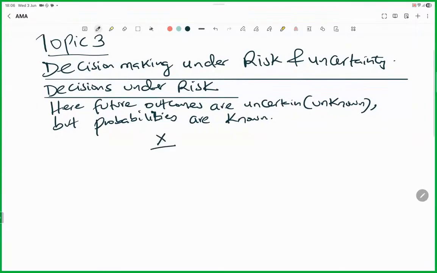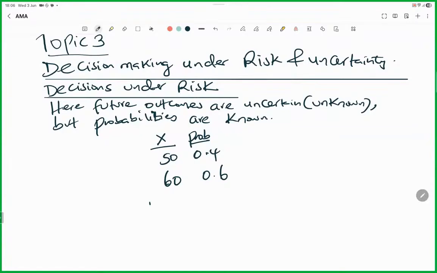We are given here X, for example, and that this could either be 50 or 60, and then you are given probabilities like that. Whenever you see these outcomes of X and you see probabilities, what are you supposed to be doing? You multiply.